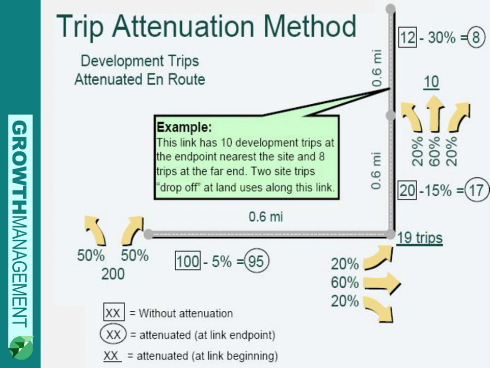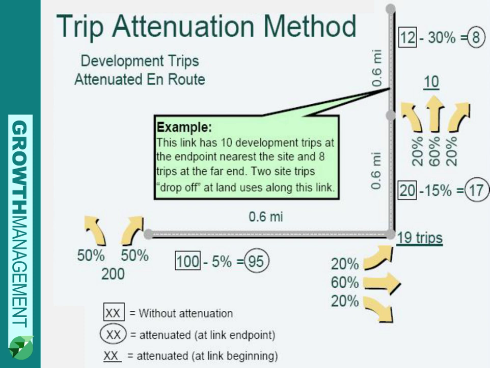So you have 100 trips going here, but 5% drop out. That's 95. You get to this corner, 20% make a turn. If you had no attenuation, there would now be 20. But really at this point you are 15%, about 0.6 miles, and you're now just 17 trips.